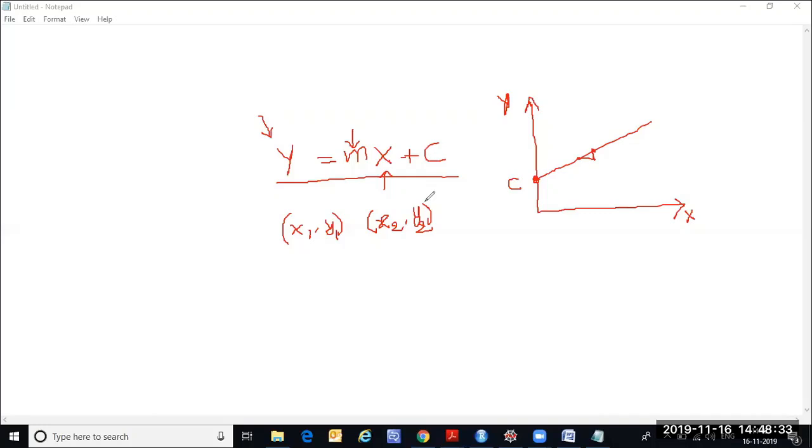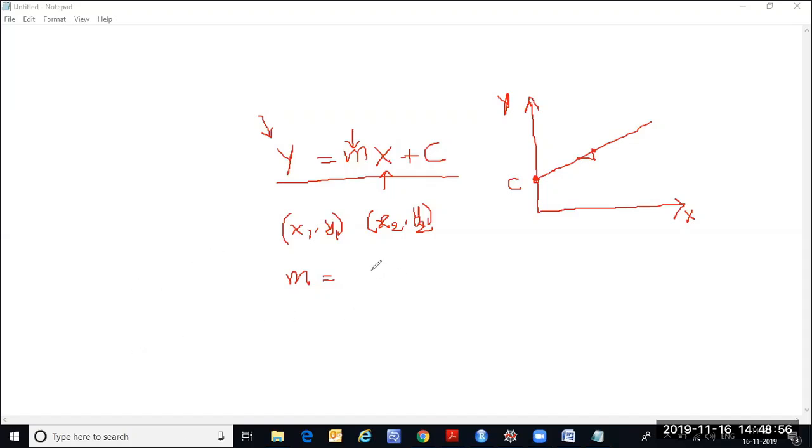Now, if I want to calculate the slope between these two, anybody remember the formula? Y2 minus Y1 divided by X2 minus X1.